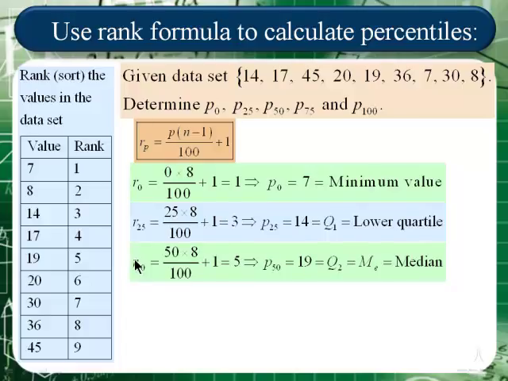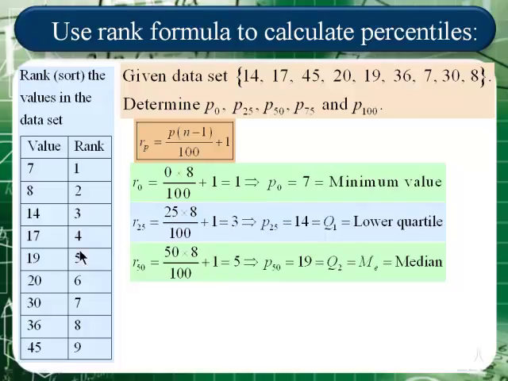Then we get to the rank of percentile 50. So that's clearly 50 times 8 over 100. 50 goes in 100 twice, so that's 4 plus 1, 5. So the rank of percentile 50 is 5, and therefore percentile 50 is 19. Percentile 50 is also known as Q2, or more commonly known as the median, as we had before, indicated by ME.